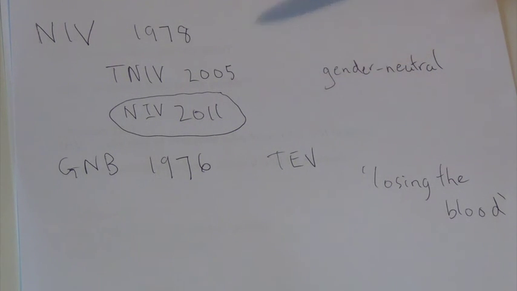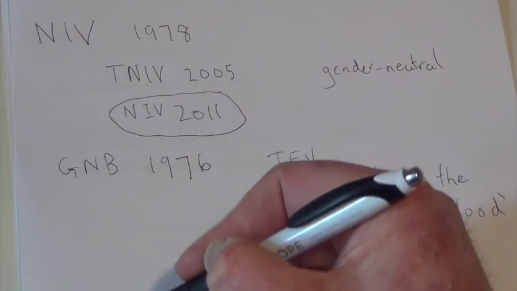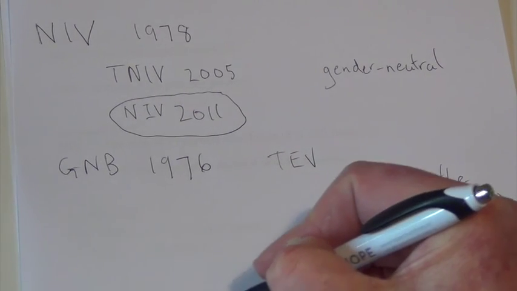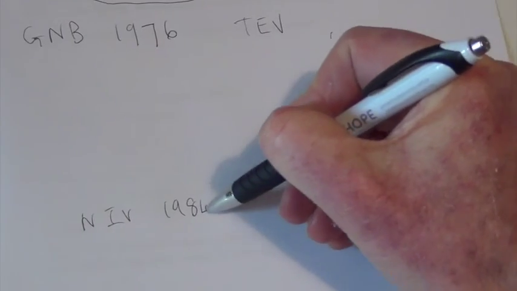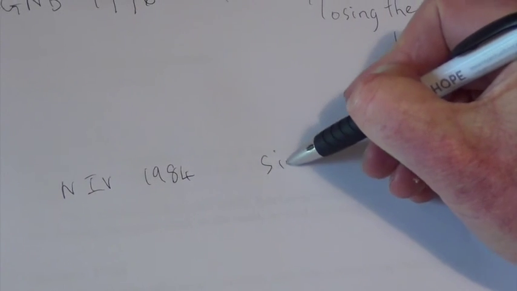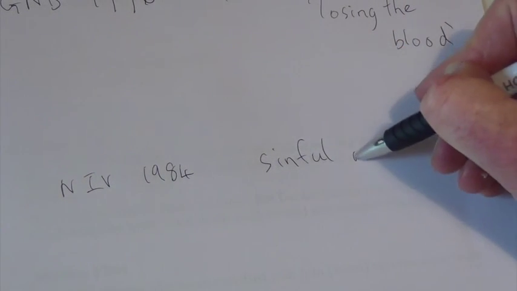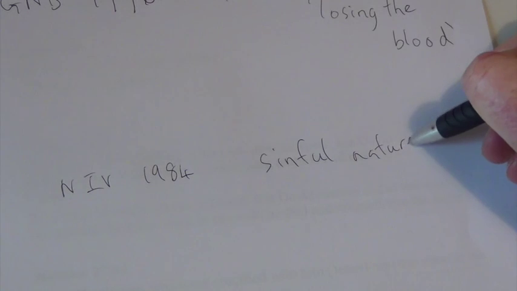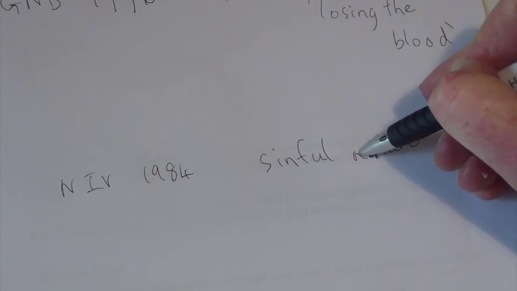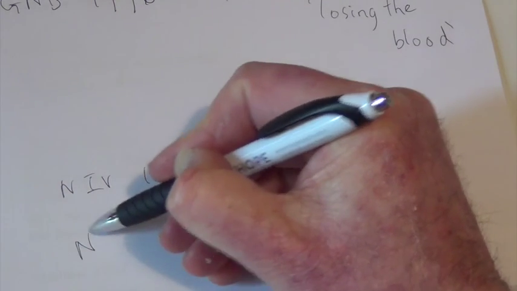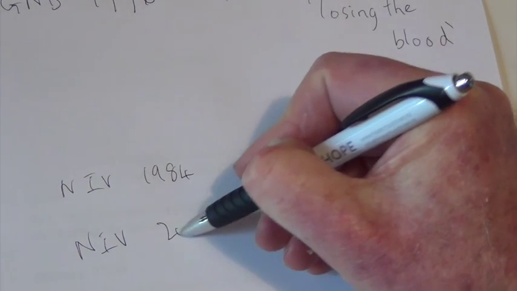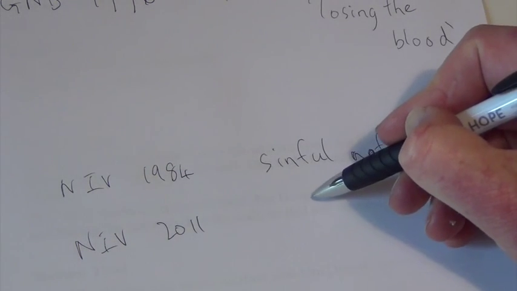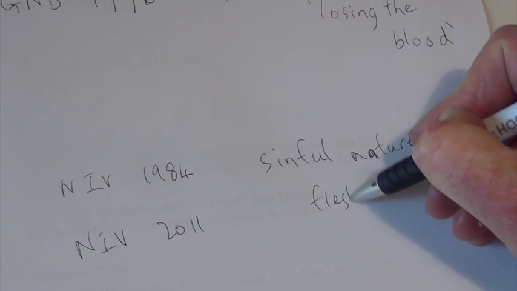Here's another example, where NIV 1984 sometimes said sinful nature, the NIV 2011 often goes back to flesh.